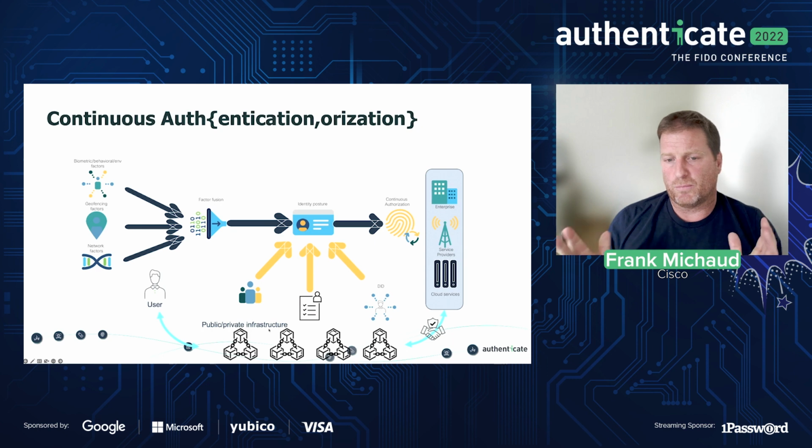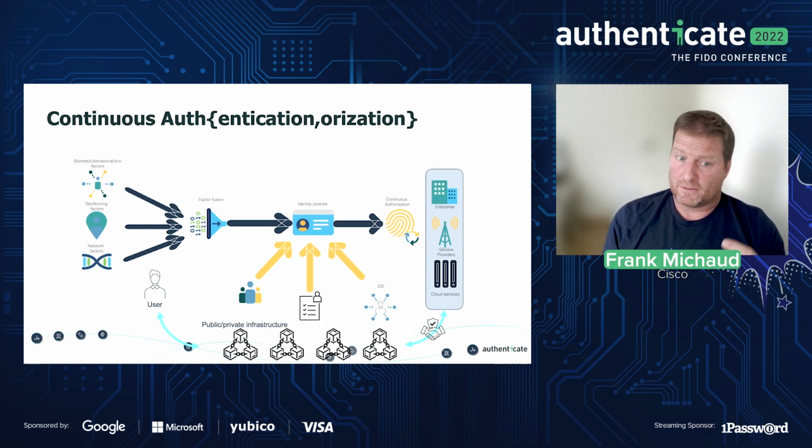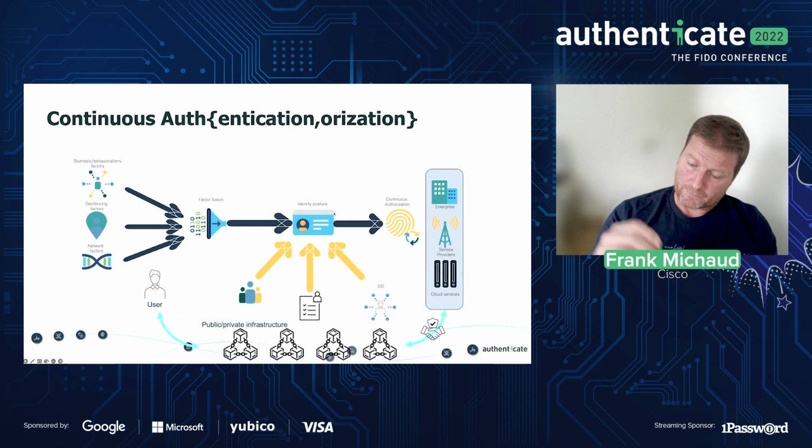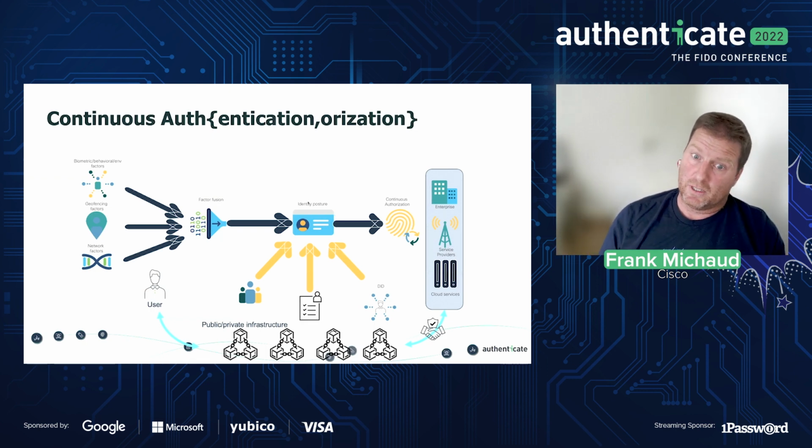And here the point is not whether distributed ledgers are a good or bad thing. They just offer good opportunities there. And that could be a public ledger, which doesn't necessarily have to be distributed. It works the same, but the spirit is that the user carries their information with them about being a developer, right? And this is being fed into the identity posture, and the identity posture carries a public reference of the fact that this person is a developer.